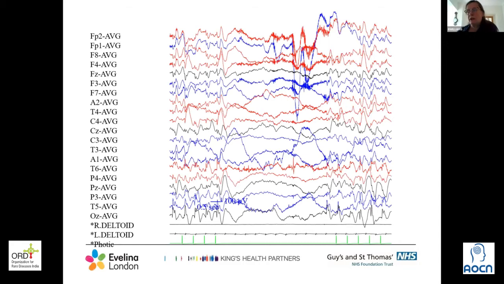So it's an early finding, and otherwise the EEG is fairly non-specific. But this is perhaps the most important reason for doing slow photic stimulation in a young child presenting with seizures before the onset of mobility or visual symptoms, because this would alert you to the diagnosis and prompt those diagnostic investigations.